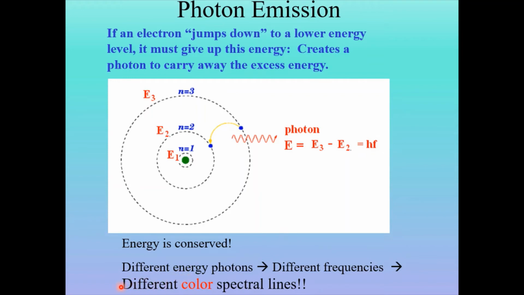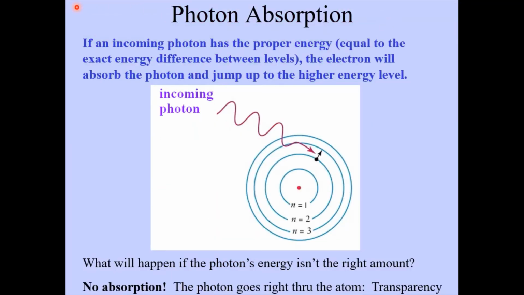So this is why we see different color spectral lines. For example, remember in the hydrogen we saw a red, a teal or greenish color, and a blue line. Those are due to the different jumps in energy as electrons jump back and forth between these energy levels.